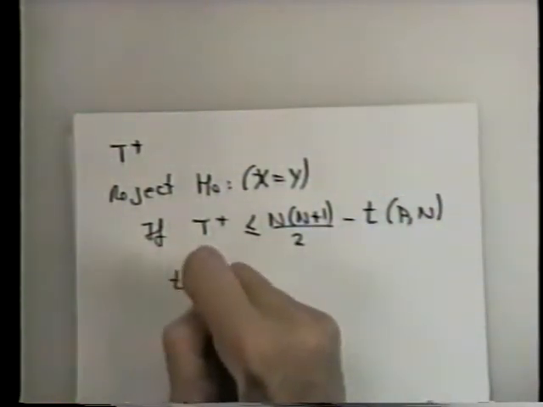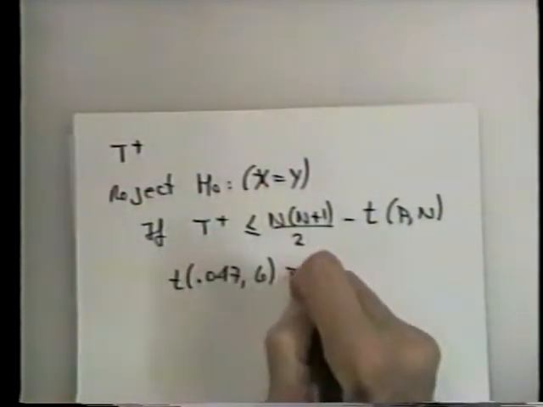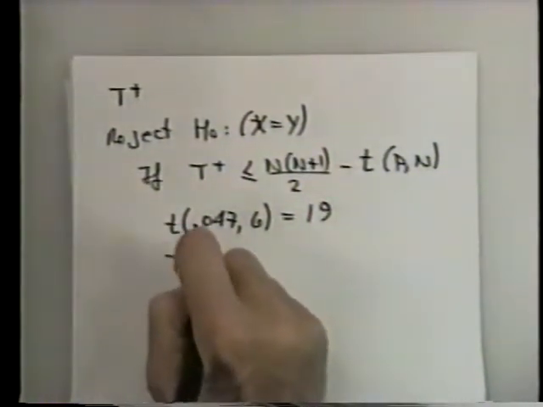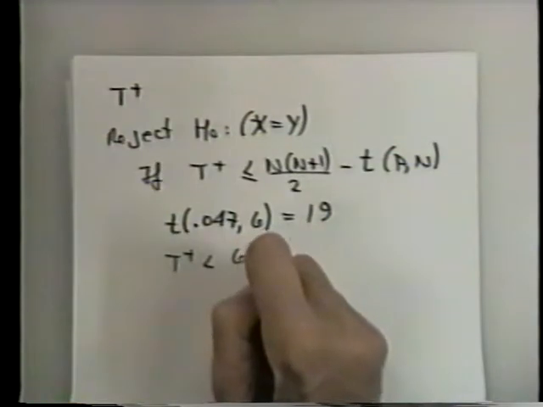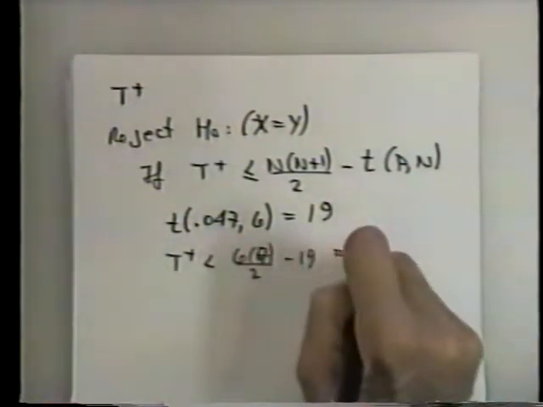And t at the 0.047 level for n equals 6, because I have 6 numbers, turns out to be 19. So the question is, is T plus less than 6 times 7 divided by 2 minus 19, which is 2?